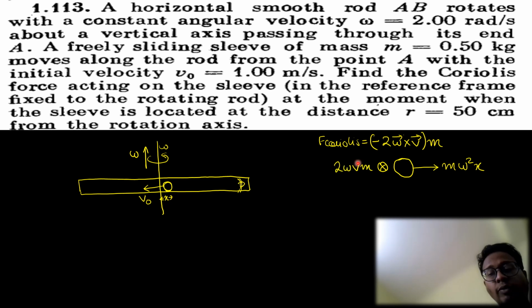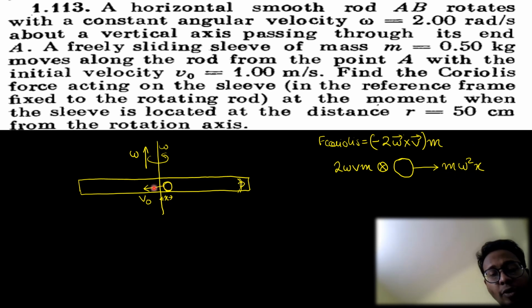Now notice one thing out here. The velocity in the Coriolis force is the instantaneous velocity of the ball. Now notice one more thing. The ball is initially projected with velocity v naught, but as it goes towards this side, there is a centrifugal acceleration acting on the ball. So this centrifugal acceleration will try to decrease the velocity.